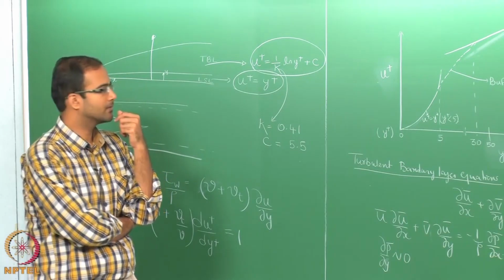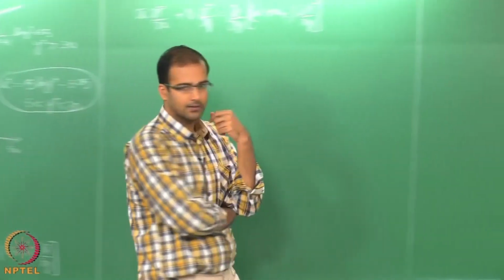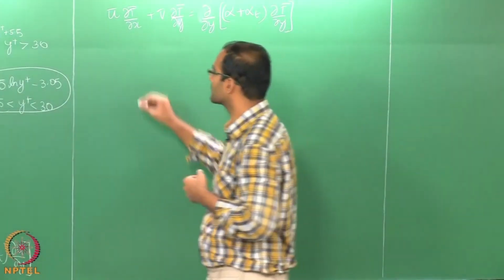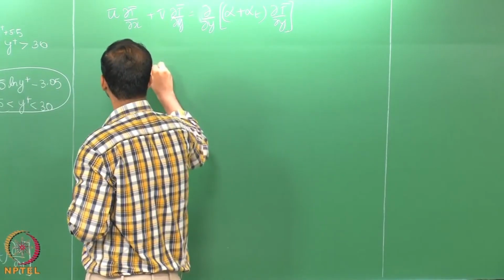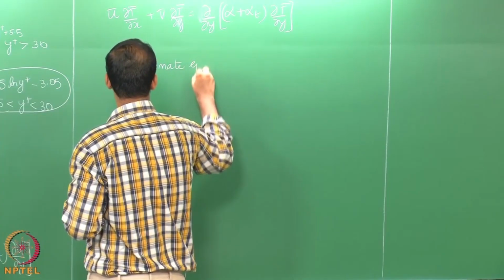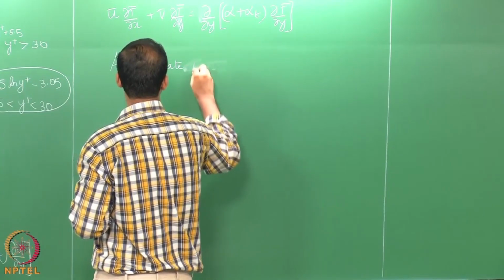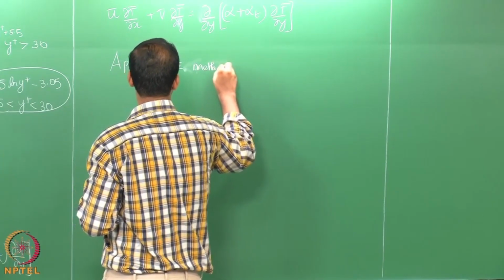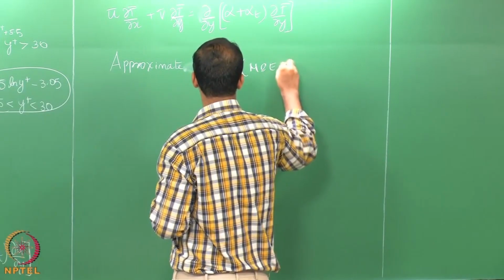Okay. So, usually the easiest route to finding the solution to these equations is to use integral equations, momentum integral equations, approximate methods by solving momentum and energy integral equations.